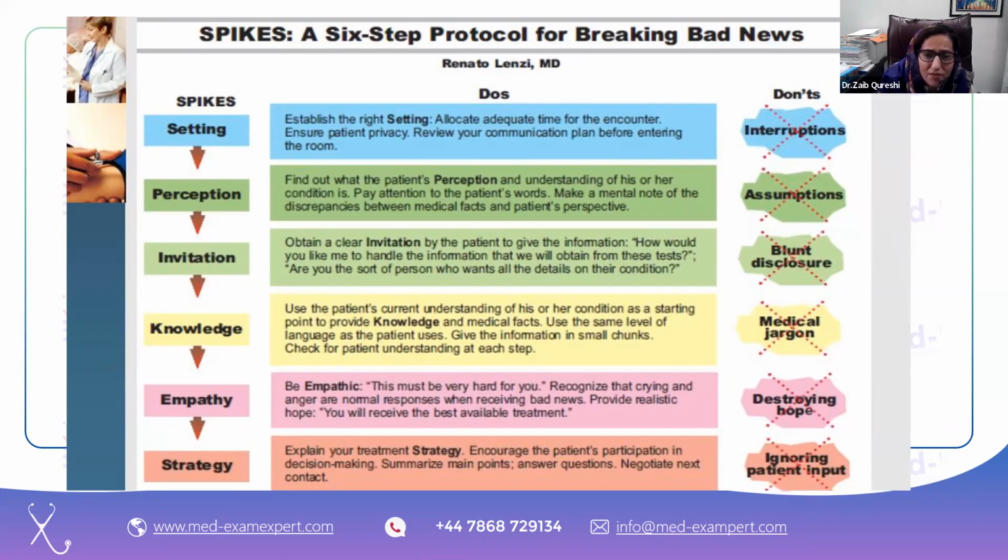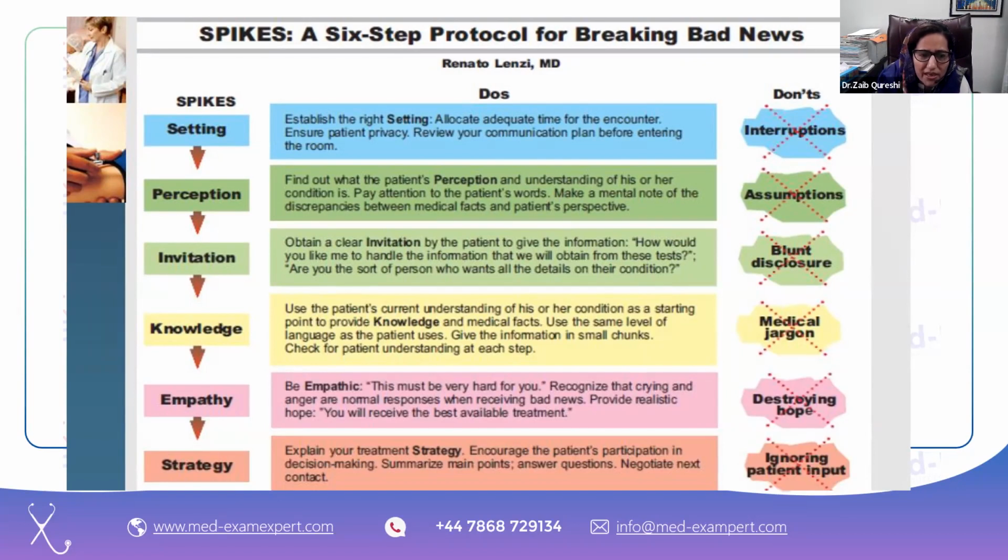At the same time, show some emotion from your body language and facial expressions, that you are with her, you feel her pain, and you are here to give her the news. Okay, don't give false hopes. This happens in ectopic pregnancy, miscarriages and molar pregnancies as well. Don't give her false hopes. Just give her factual knowledge, whatever you know from your guidelines.